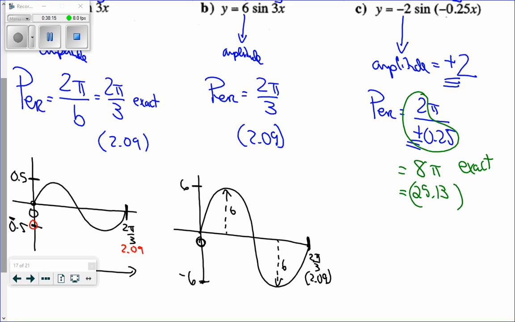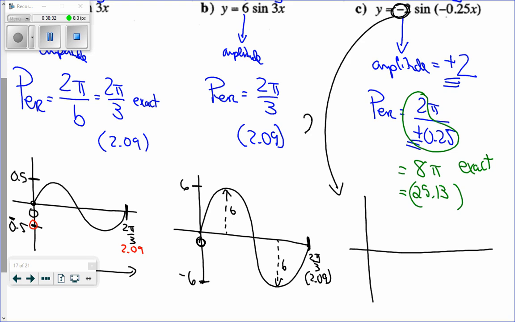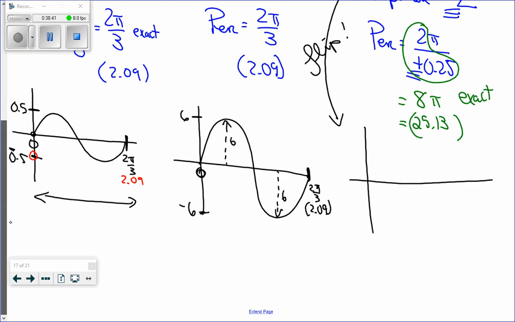Now the last one, this is beyond Math 30-2, but I'm going to do it with you because I think you're super smart and I think you can handle it. Okay. That negative in front, remember how we ignored it? What the negative does is it flips your picture. So instead of going up, down, up, you're going to go down, up, down.